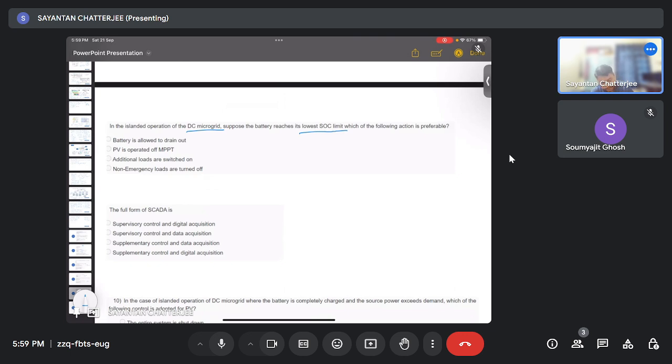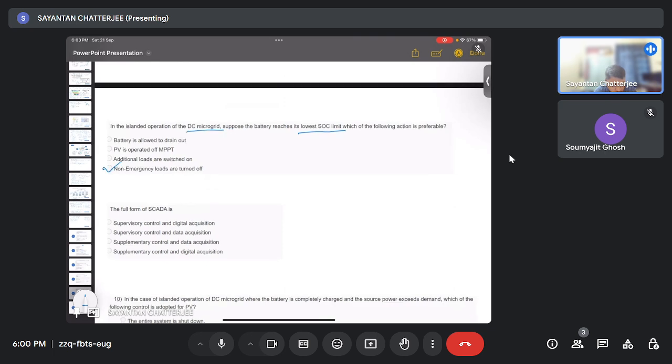So, non-emergency loads to be turned off.